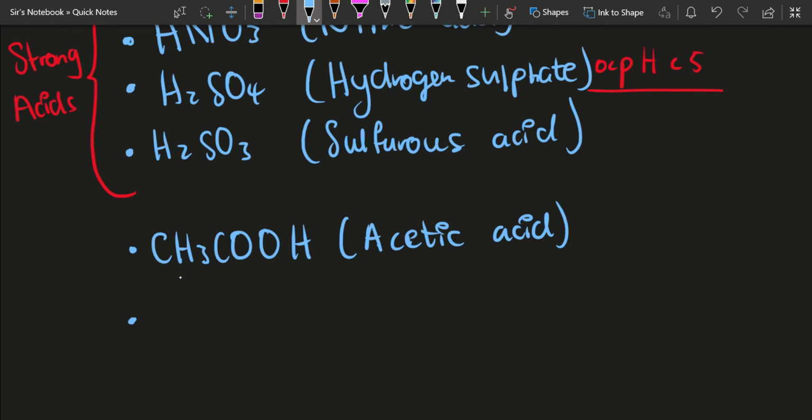So we're looking at acetic acid and we look at phosphoric acid. Remember, H3PO4, phosphoric acid.